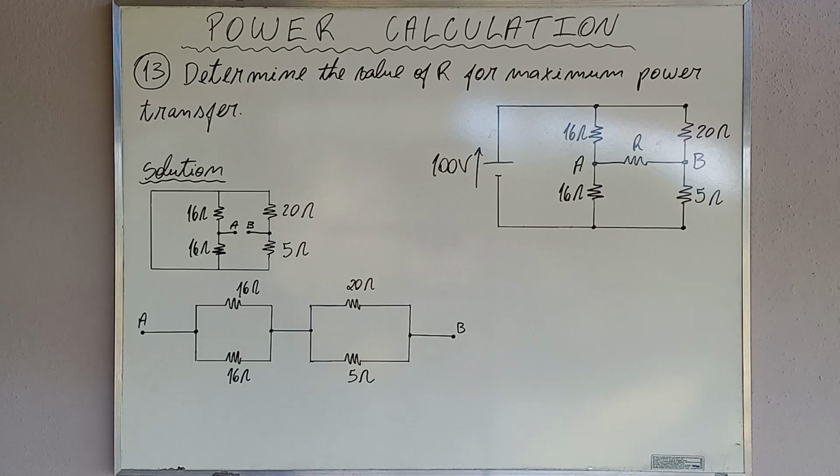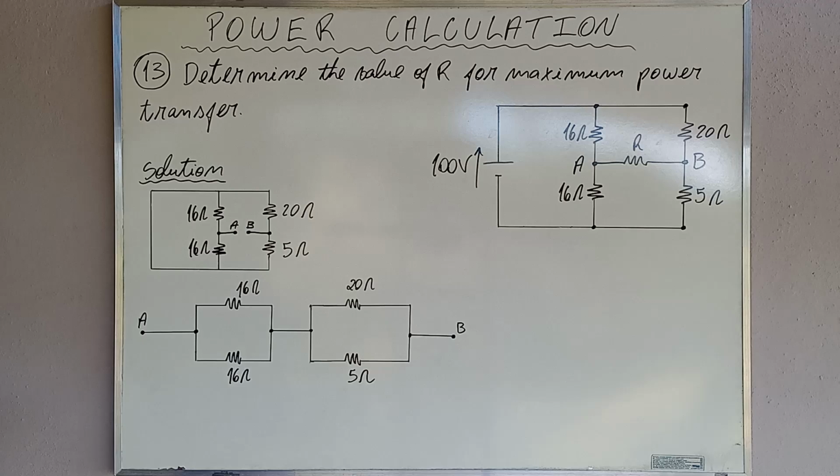To calculate the equivalent resistance of the circuit, we open the circuit at the load and we set the voltage source to 0. And a voltage source set to 0 is a short circuit.